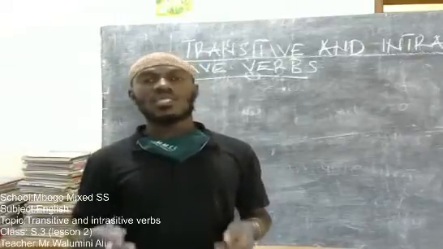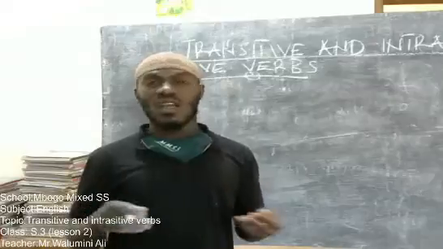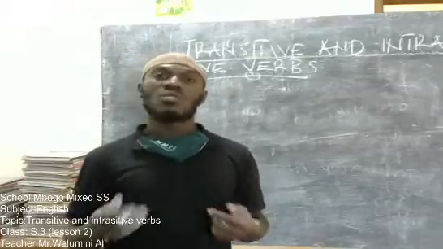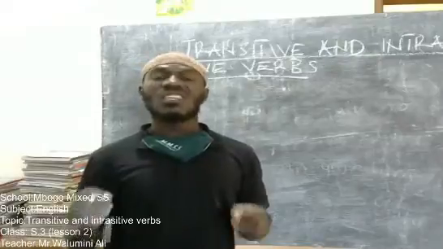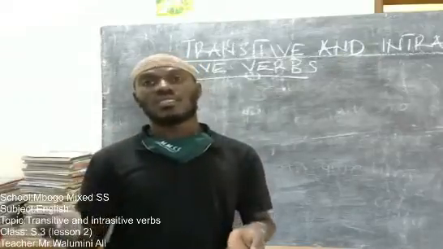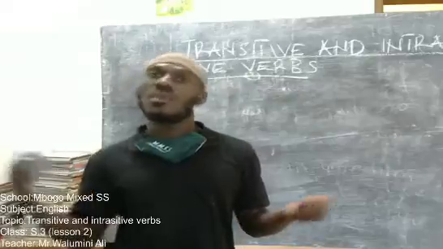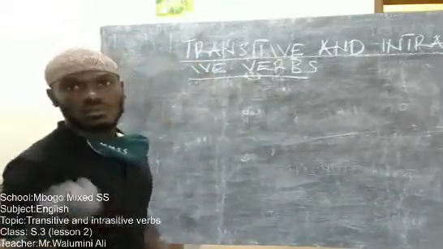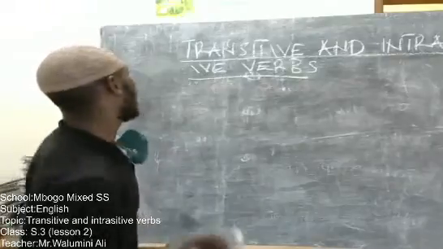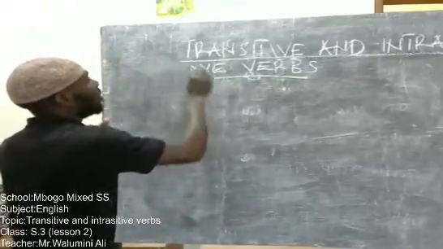But here, we shall use the word action word. Why? Because a verb is always used to illustrate an action, to show an event that is happening or that happened, depending on the tense that you want to use. For instance, I can give you some examples of verbs.